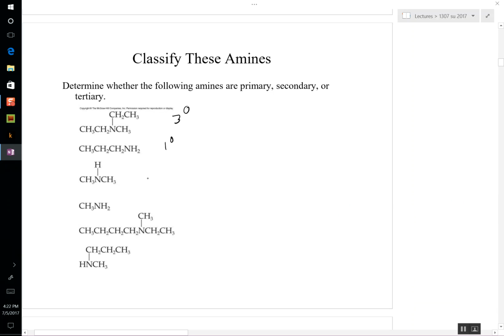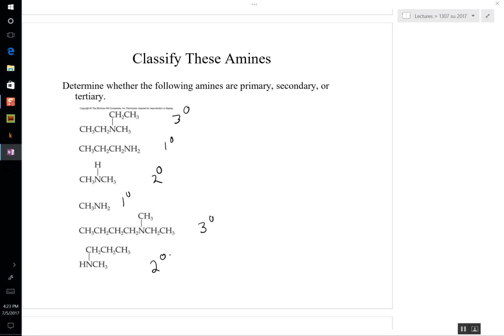Primary. And the last one? Secondary. It's tertiary: no hydrogens on it. One hydrogen, two carbons. Yeah, just the number of carbons. Two carbons, secondary. Three carbons, tertiary.